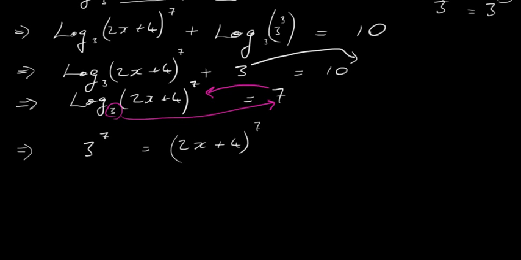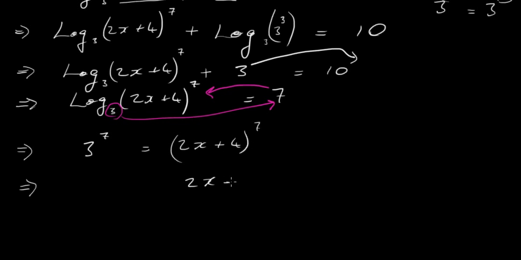So we have 3 to the power of 7 is equal to 2x plus 4 to the power of 7. That will mean that 2x plus 4 must be equal to 3. I've got something to the power of 7 equals something to the power of 7, which means the two somethings must be the same.